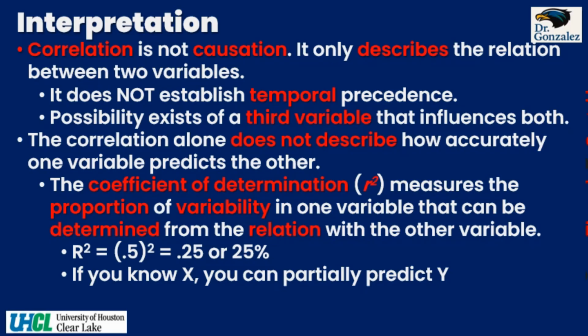Think back to the little research scenario at the beginning, the graphs I showed that said as temperature increases, the number of snow cones consumed increases. We determined that the reasoning behind that would be it's hot. It makes sense: the hotter it is outside, the more likely people are to go buy ice cream.